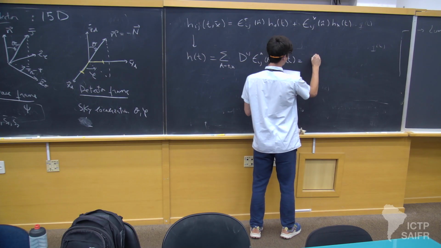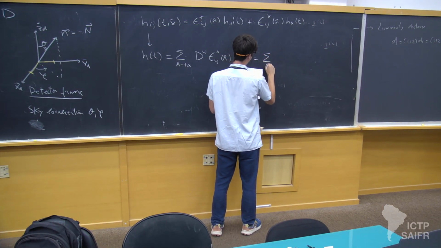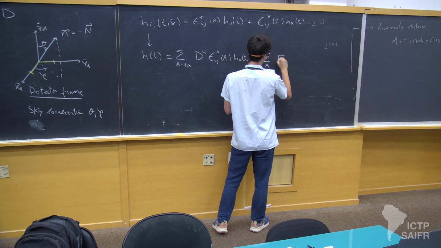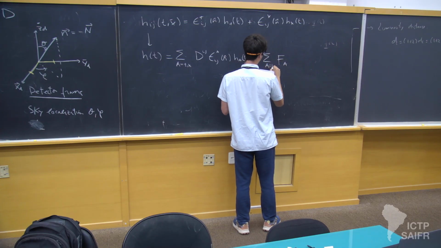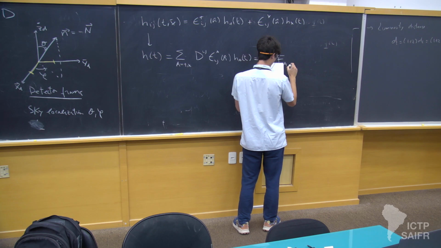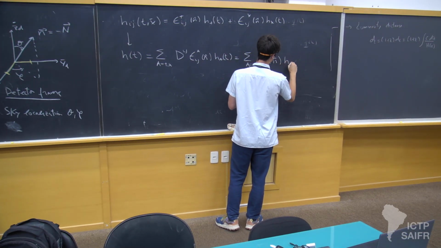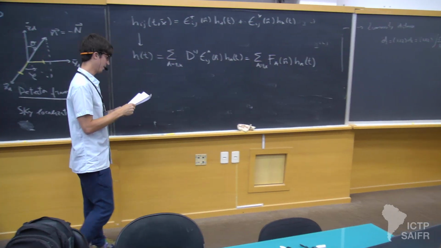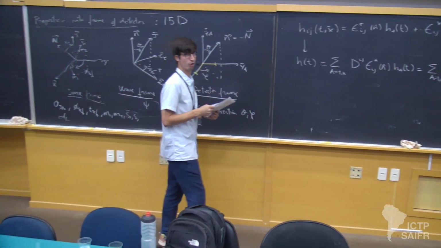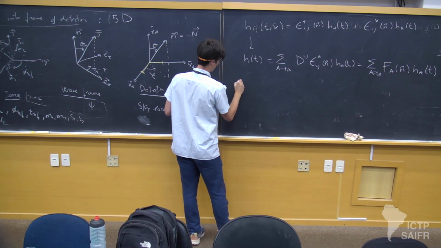But typically, this is absorbed into what is called F_A, where A is plus and cross, the antenna pattern functions. These antenna pattern functions you can compute for the shape that you have of your detector.